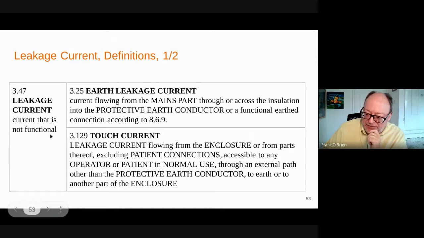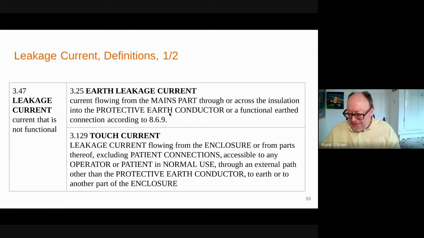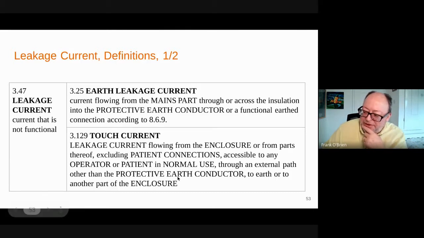These are defined terms. Leakage current is a big word that includes a lot of subwords. Earth leakage is current in the mains earth conductor. Touch is from surfaces, surface to earth or surface to surface, normal and single fault, excluding patient connections.